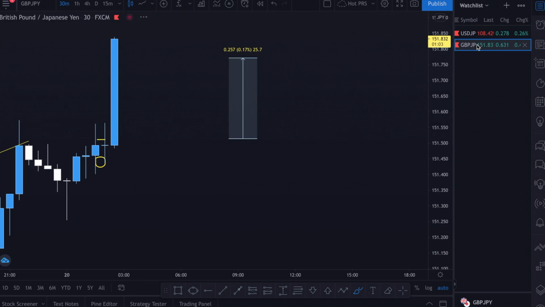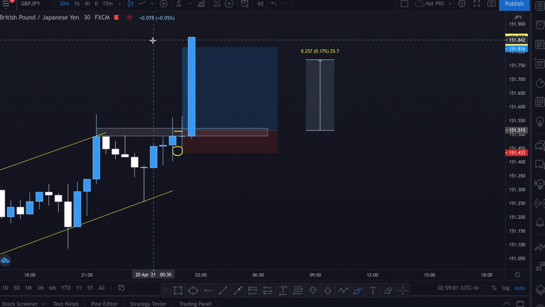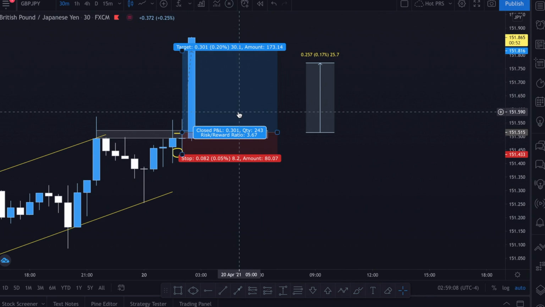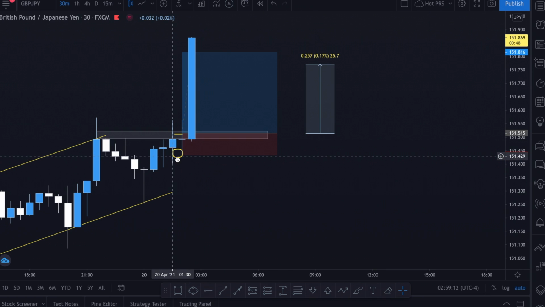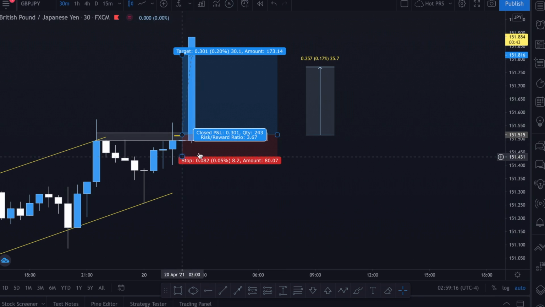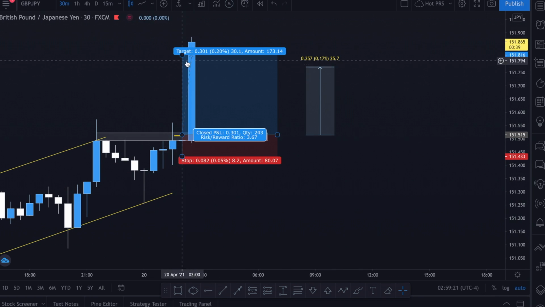And now we had this big winner for 30 pips, and as you see, the market is still pushing, but we got in. We had our trading plan, 30 pips, risk 7 pips. I think the risk was 7 pips for this trade, even though you see 8.2, and the target was 30 pips.